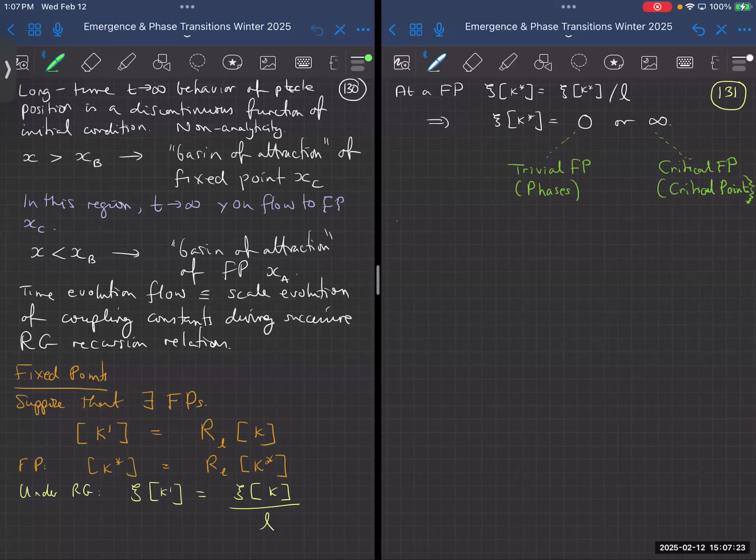Lecture. Great. All right. So if you give me some renormalization group transformation, then in general that will have several fixed points, maybe even an infinite number. Each of those fixed points has its own basin of attraction, and points will reach those fixed points only after an infinite number of iterations.